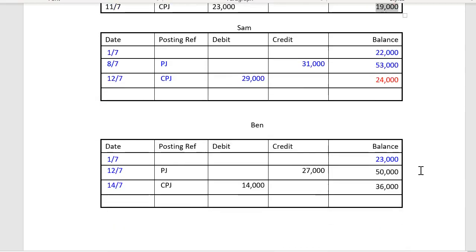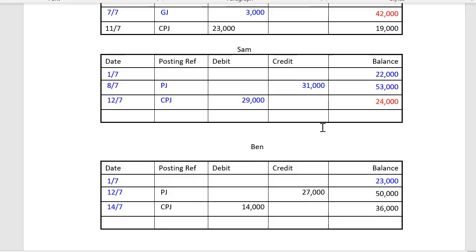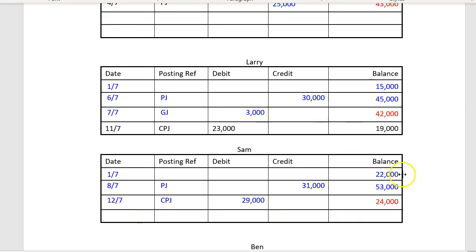Larry's closing balance is 19. Sam's closing balance is 24.